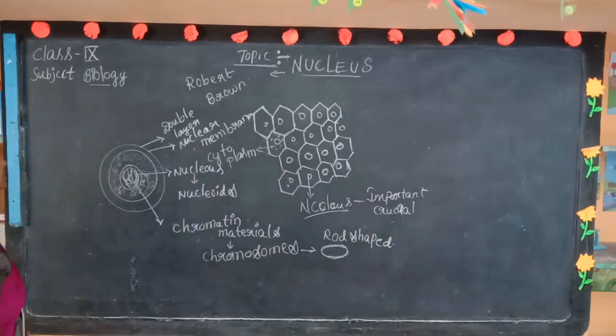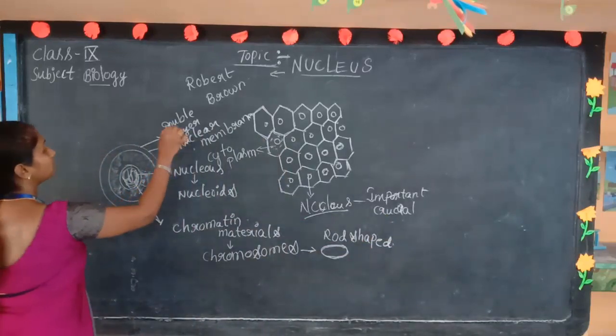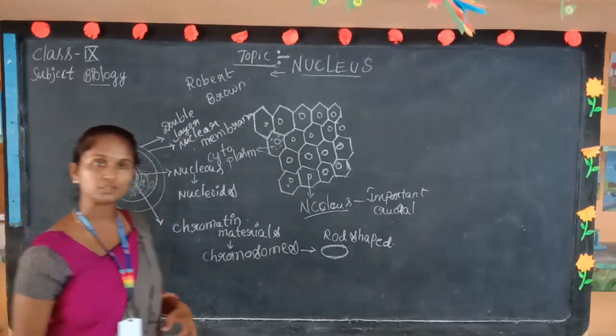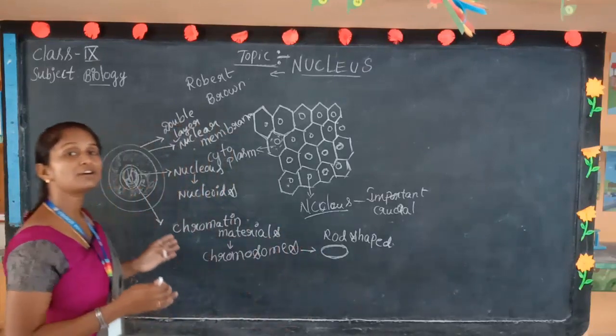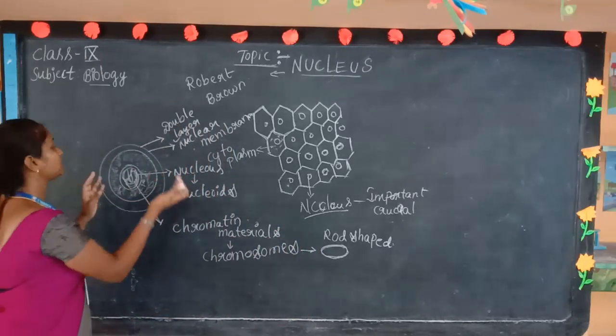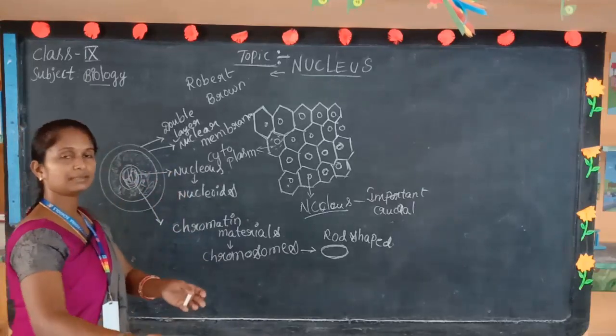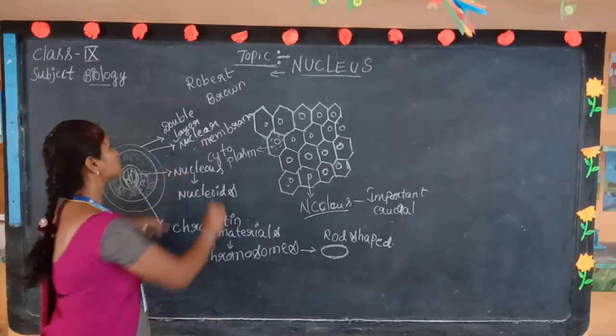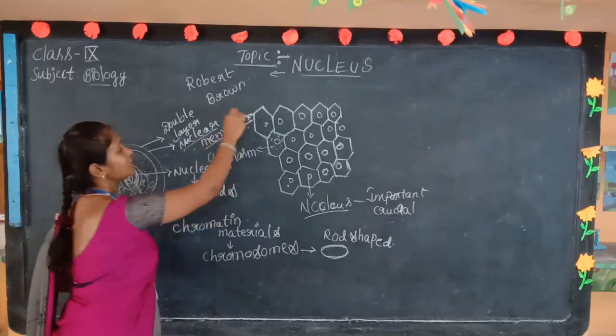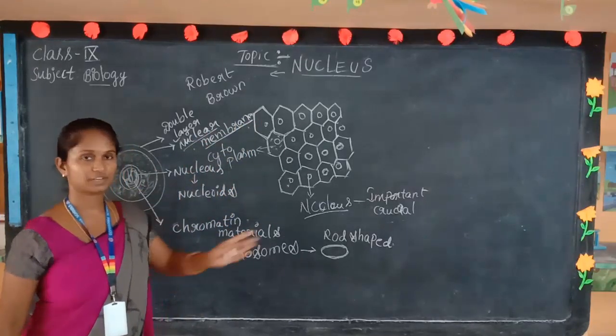And the nuclear membrane plays an important role in controlling the entry of materials from the cytoplasm to inside the chromatin and the exit of materials to outside. The nuclear membrane acts as a transfer barrier.